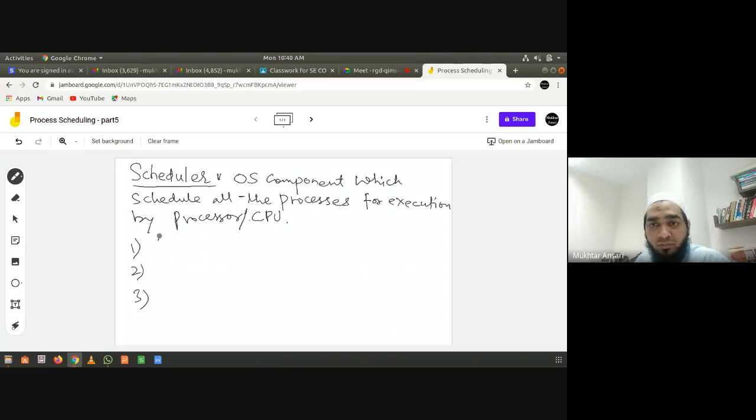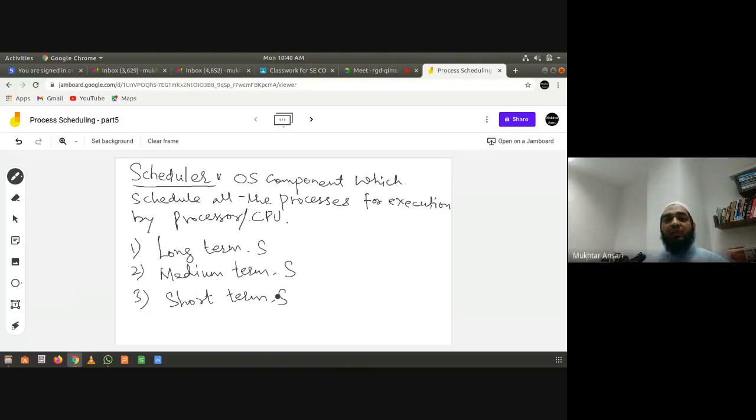One is the long-term scheduler, and you will realize that what we learned in the previous topic, levels of scheduling, is the same, but here the names are actually different. So long term scheduler, this is medium term scheduler, and the last one is short term scheduler.